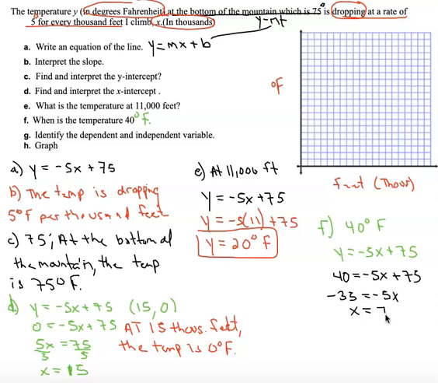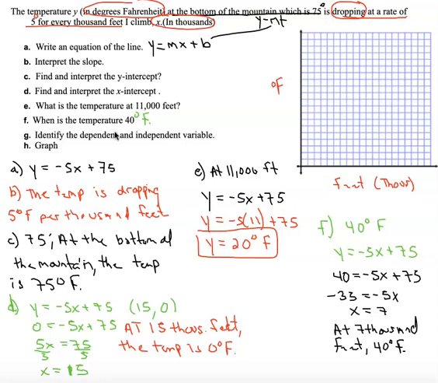And x is equal to 7. So at 7,000 feet, the temperature is 40 degrees Fahrenheit.